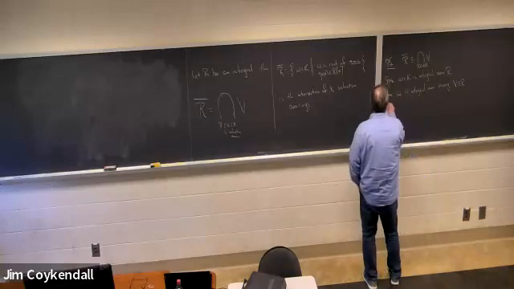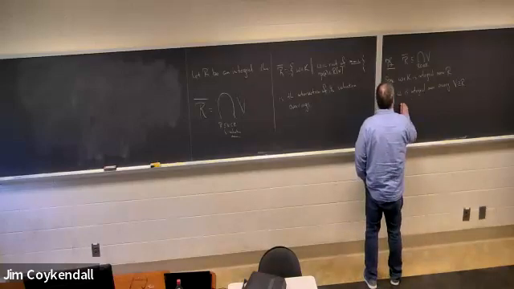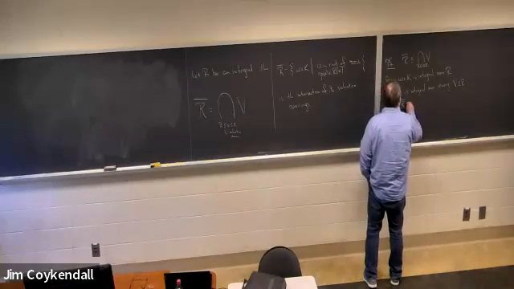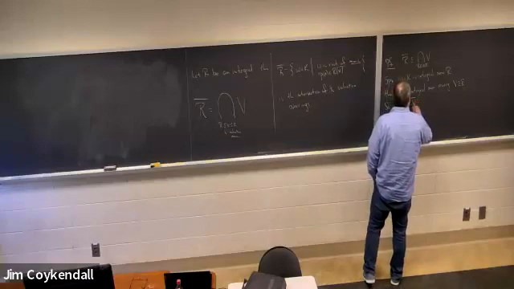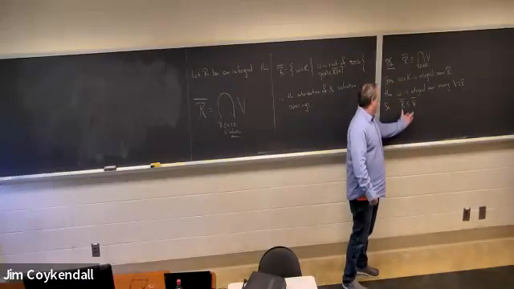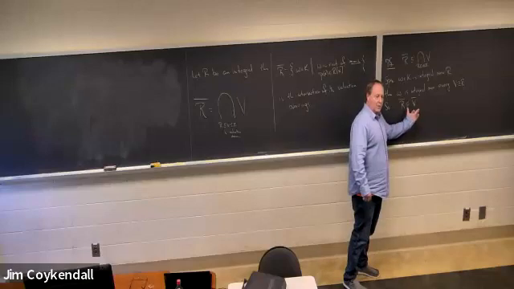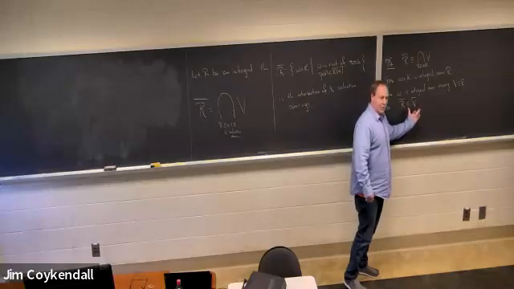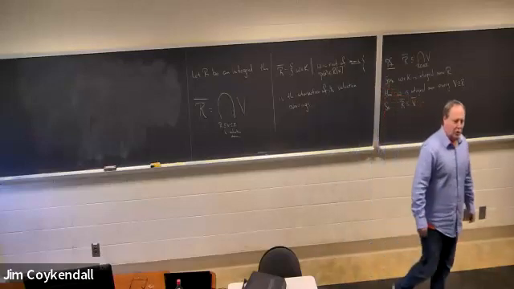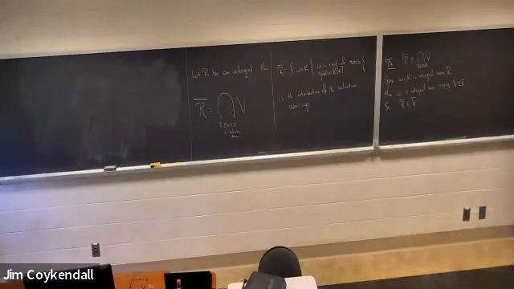So the integral closure bar is contained in the integral closure of V, because R is in V. And what do we know about the integral closure of a valuation domain? It's already integrally closed.